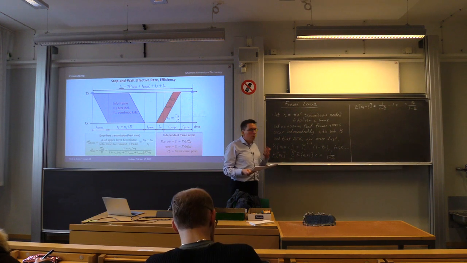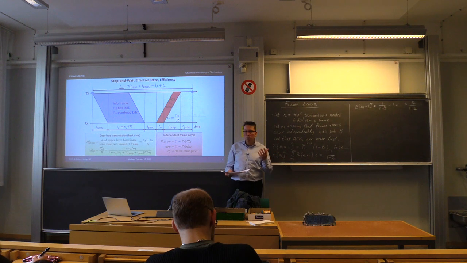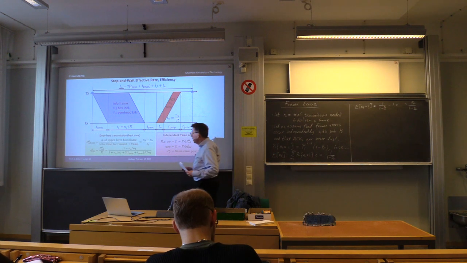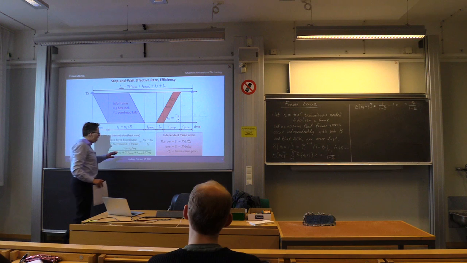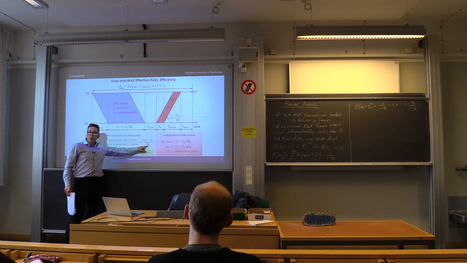So what is the end goal here? Well, what we would like to do is to figure out how long it takes for a frame to be delivered. If there are no errors, it's t0, right? If the first frame was in error and the second frame was correct, it's 2t0.